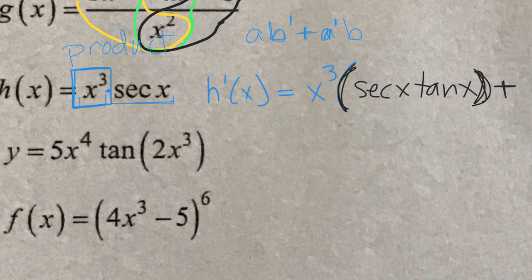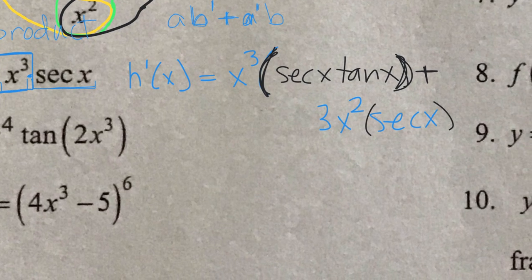Plus the derivative of x cubed is 3x squared times secant, right? So it's multiplied by the second term right there. Okay? And that's good enough. We could leave it like that if you would like to do that. Okay, so x cubed times secant times tan plus 3x squared times secant.